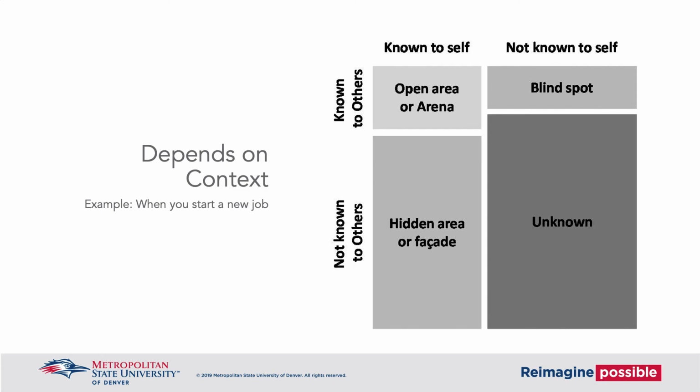Even if somebody was to explain it to you in some detail, you still don't know exactly what you're going to do there. This unknown quadrant is definitely the largest, and so as you go into a new job, your Johari window is going to look something like this. Your mission is to reduce your blind spot as fast as possible, and then consider what of your hidden area or facade you would like to disclose, to whom, and at what rate, because that's a way to build trust.